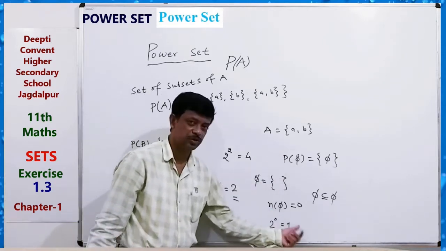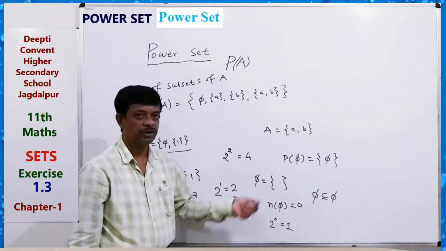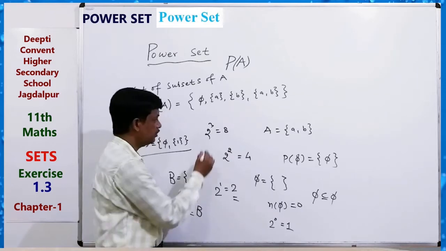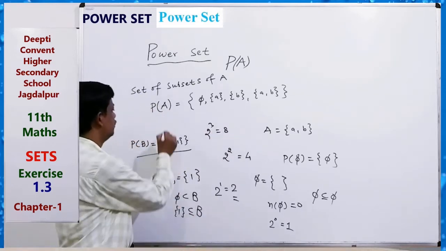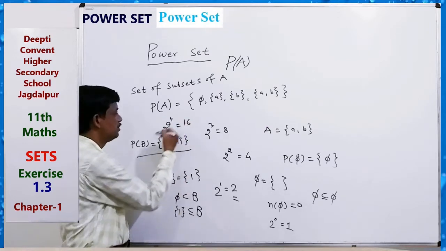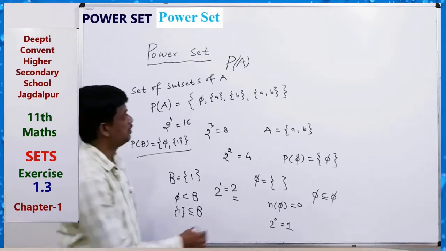So there is a formula. 0 elements, 2 power 0 is 1; 1 element, 2 power 1 is 2; 2 elements, 2 power 2 is 4; 3 elements, 2 power 3 is 8; and 4 elements, 2 power 4 is 16. 2 times 2 is 4, 4 times 4 is 16. So this is our formula.